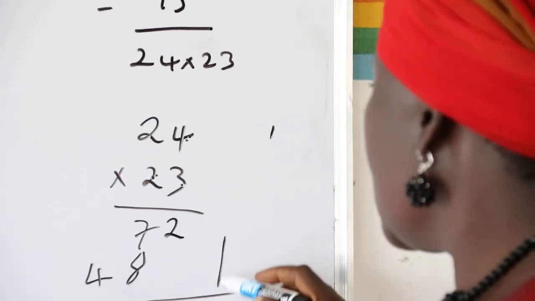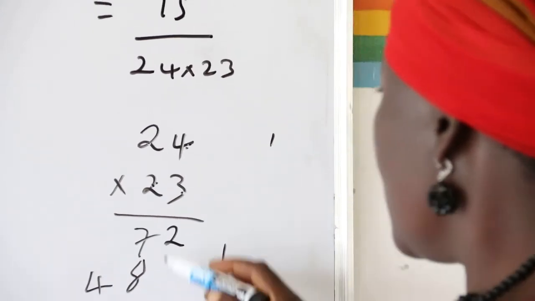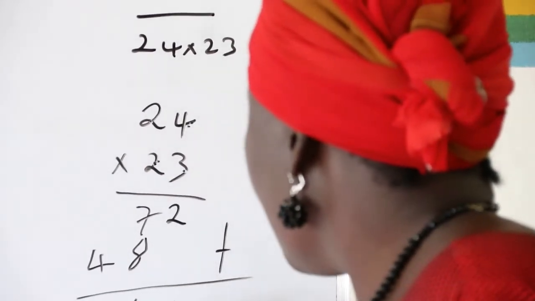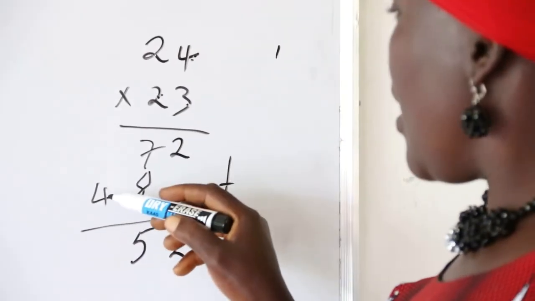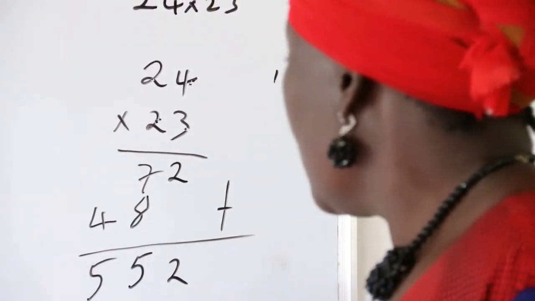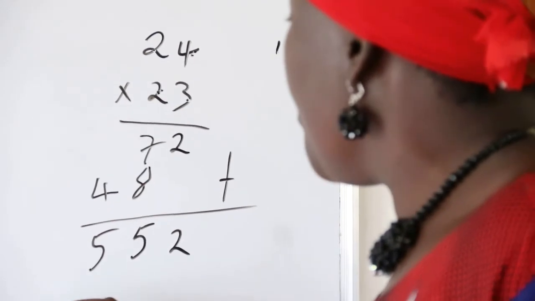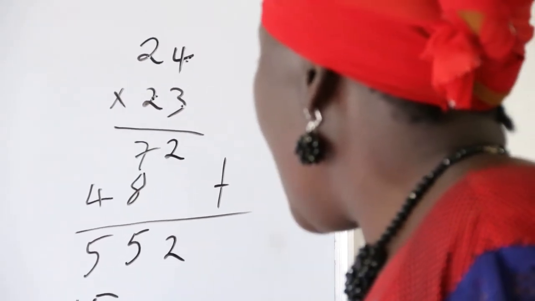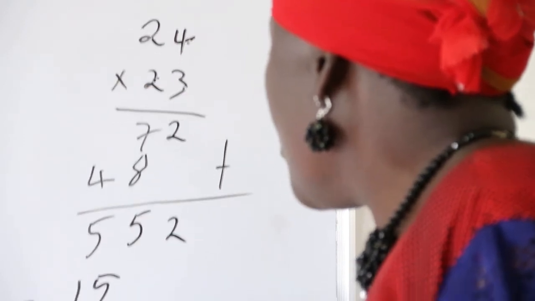Then you add. 7 plus 8, we have 15. Put 5, carry 1. Then we add the 1 to 4, we have 5. So the answer will now be 15 all over 552.